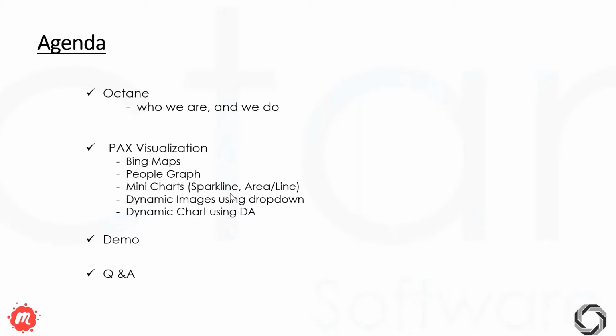We will also see how we can add images dynamically in Excel using the drop-down selections. And if you had attended my previous session on dynamic array formulas, as an extension to that, I want to use that and see how we can also create charts in packs that are dynamic to the changing data using dynamic array formulas. And then finally, we will wrap up with any question and answer session at the end.